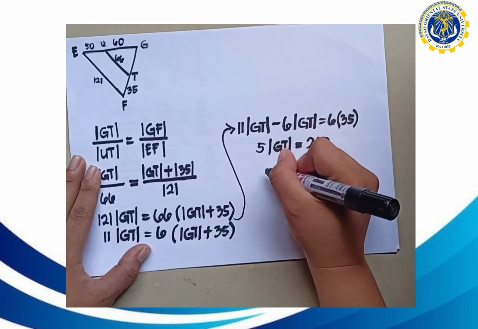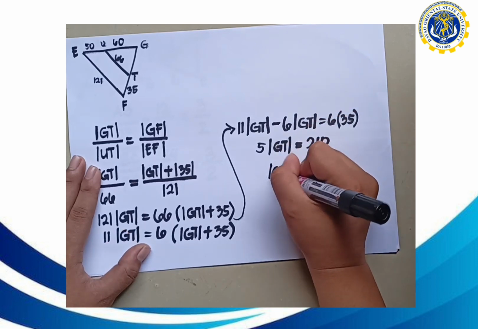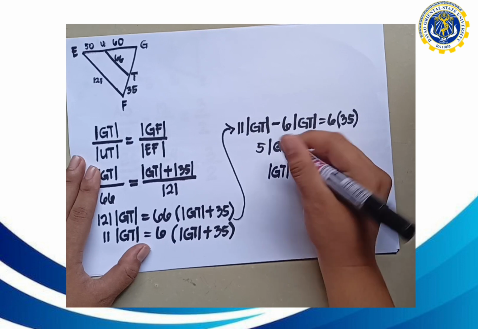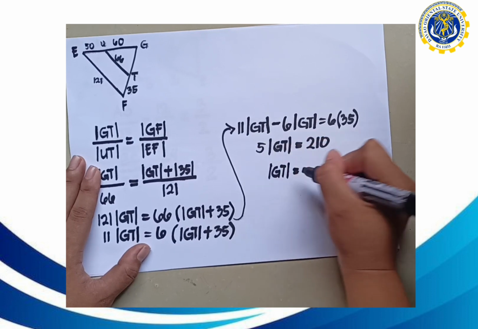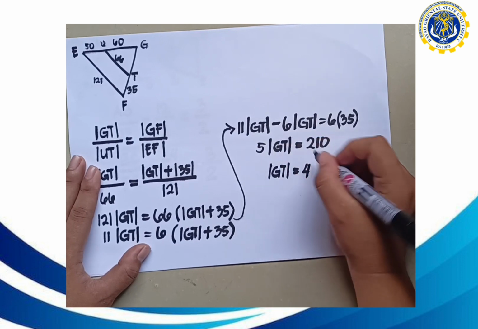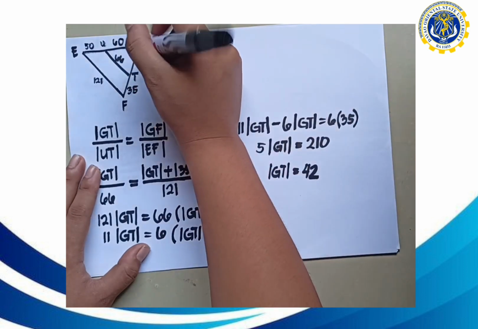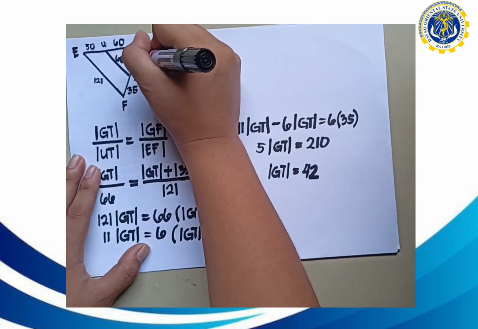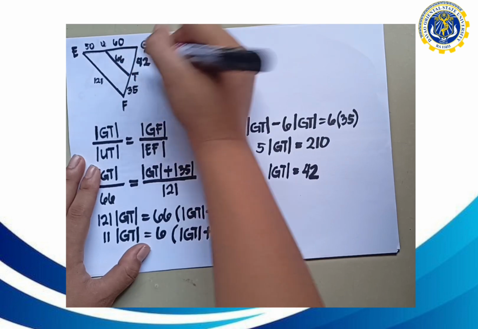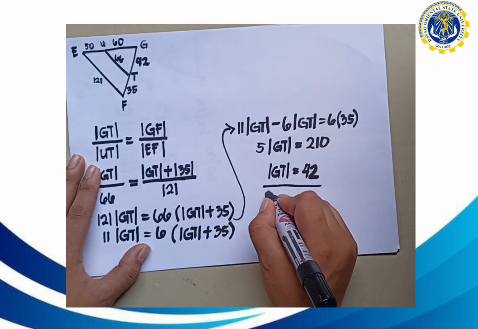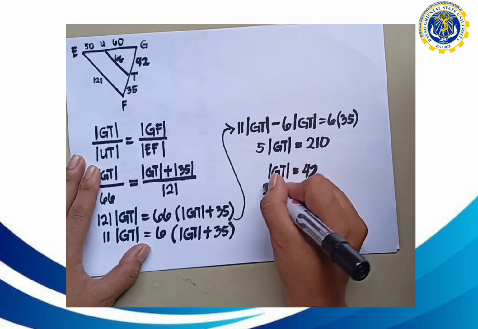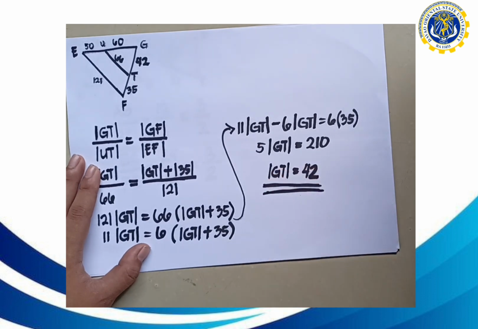Then our unknown GT is now 42. So this is now the unknown GT.